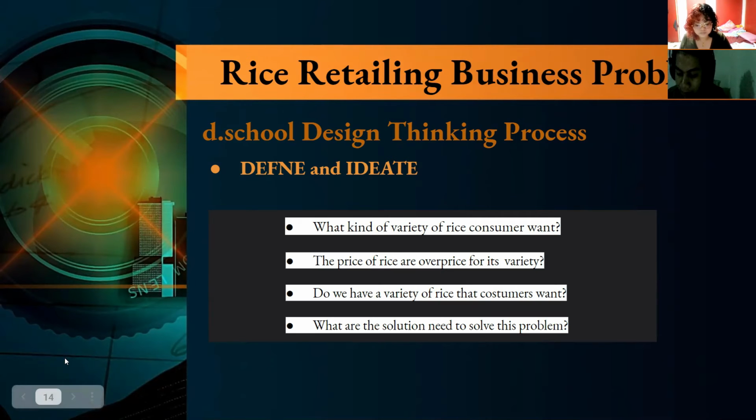As a team, we put together the information we gathered during the empathizing stage and analyze it to create a synthesis to define the problems. Therefore, we define the problem, which is the variety of rice and the price of it that they sell. The things we need to do is to find another rice mill that can directly supply a good variety of rice at a reasonable price.